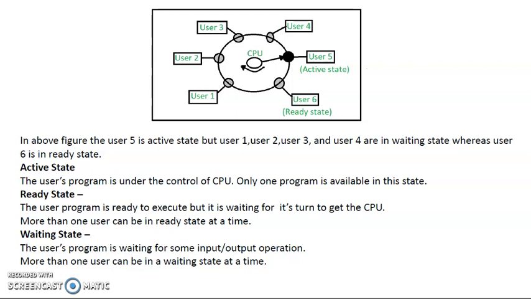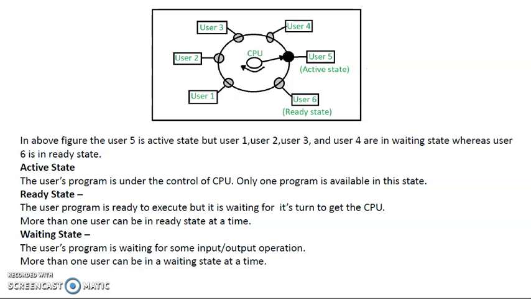So a user goes through 3 states: the active state, ready state and waiting state. CPU time is moved in the clockwise direction. What is the meaning of active state? The user program is under the control of the CPU, so only one program is available in this state.